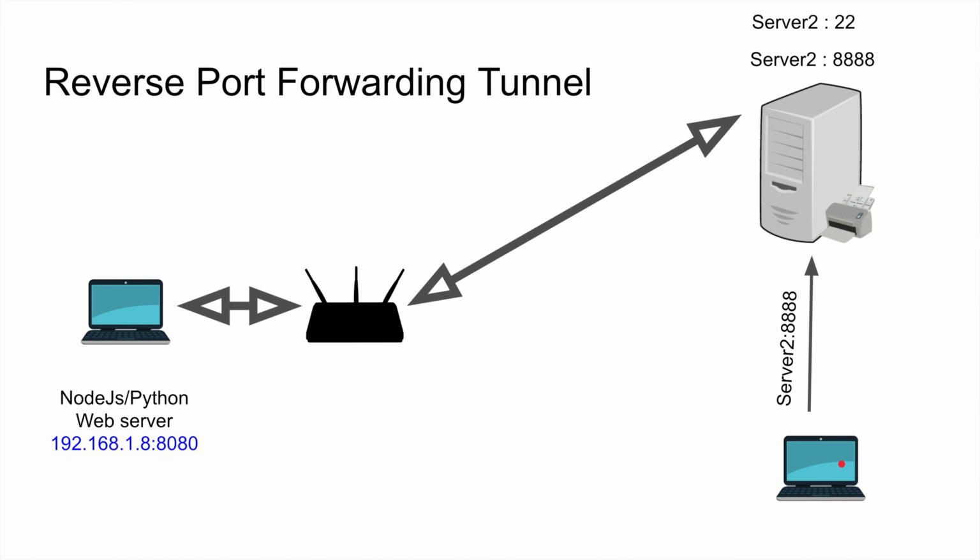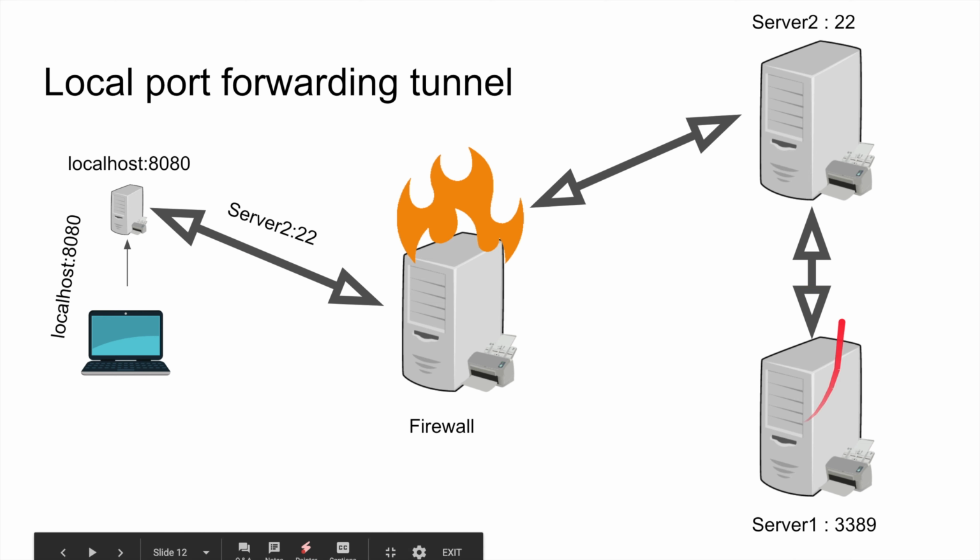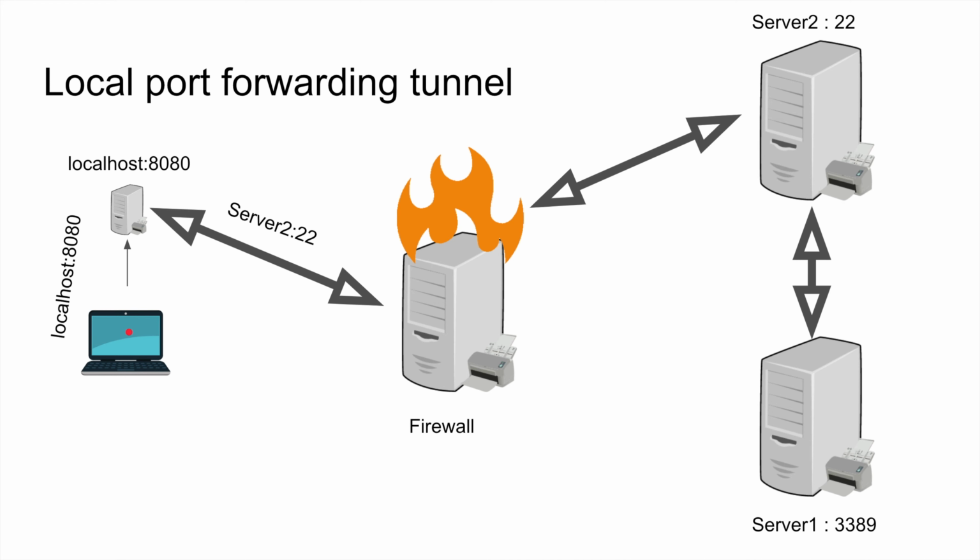The client doesn't know the server. In local port forwarding, the server doesn't know the client. I am making a request, but the server doesn't have any clue that I am the one who made the request. Does that make sense, guys?